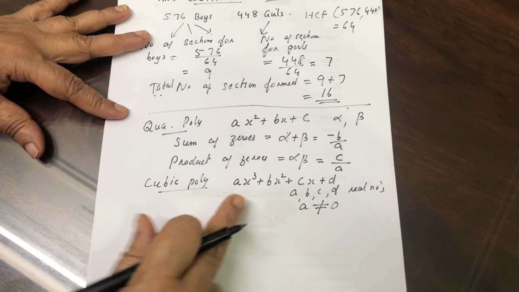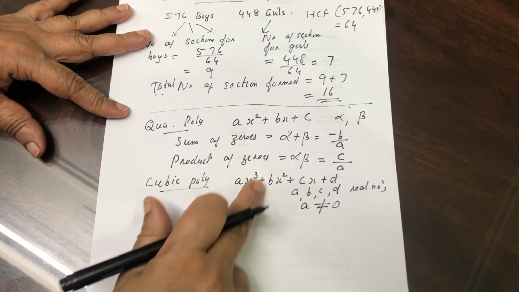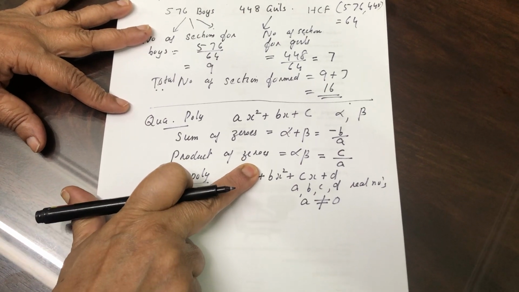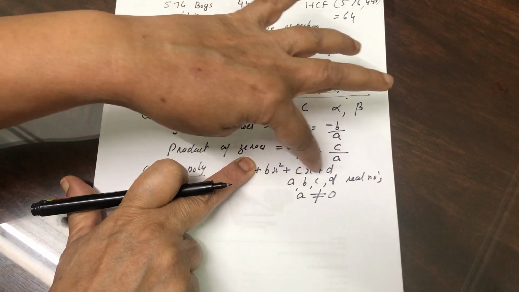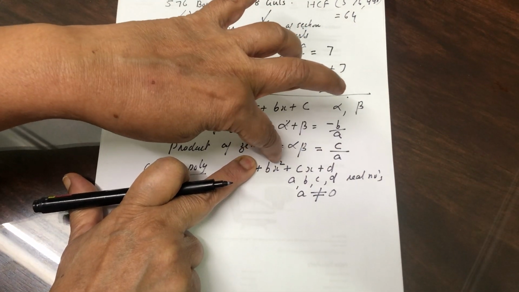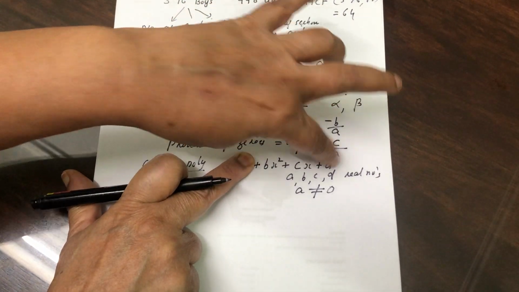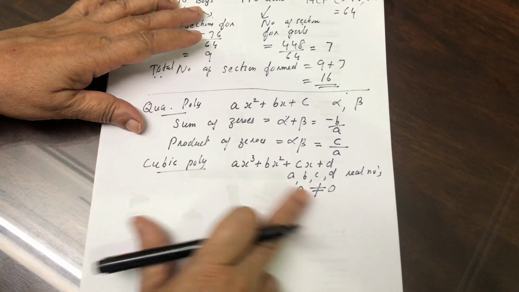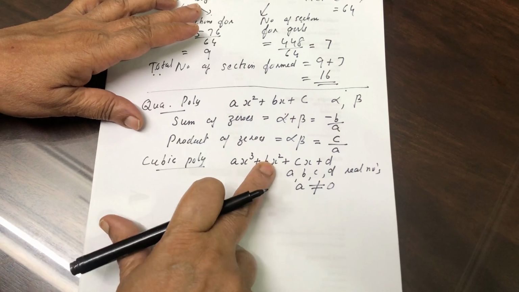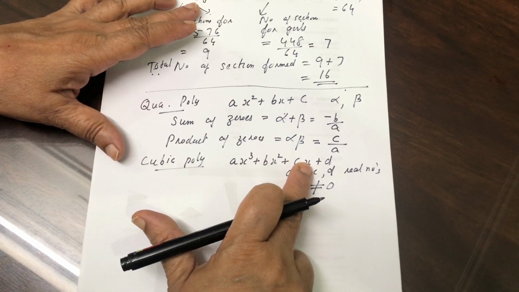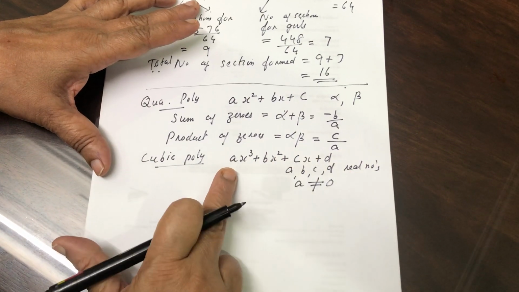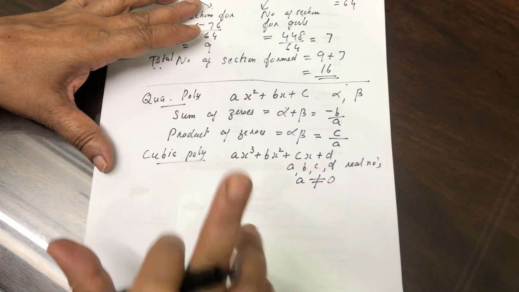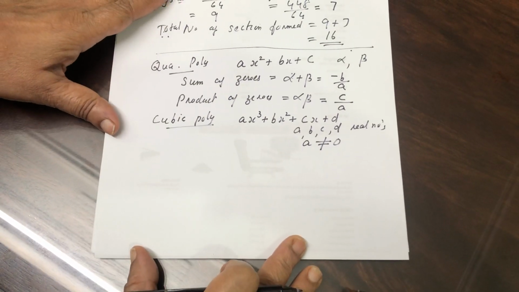When a becomes 0, the term containing x cube will become 0. Then this polynomial is of degree 2, therefore it's a quadratic polynomial. It will not be a cubic polynomial. Therefore, a cannot be 0. So b can be 0, c can also be 0, d can also be 0. Only the term ax cube cannot be equal to 0.